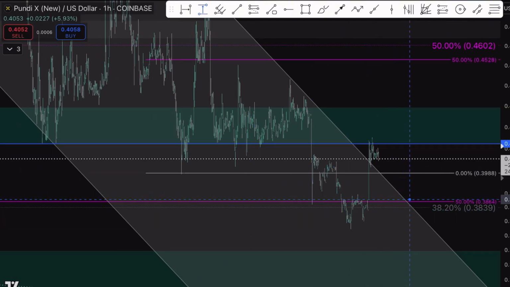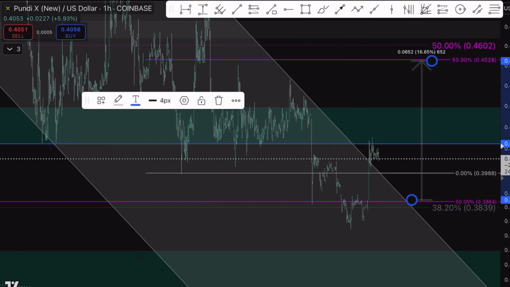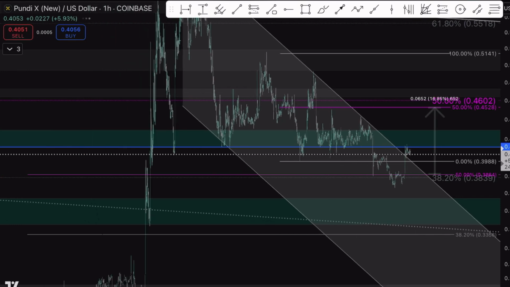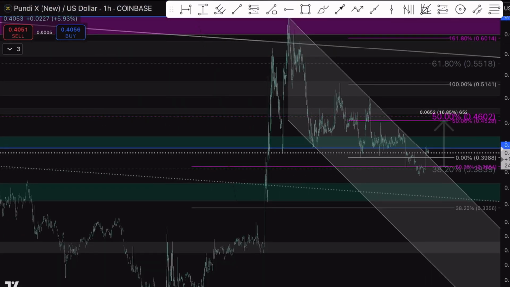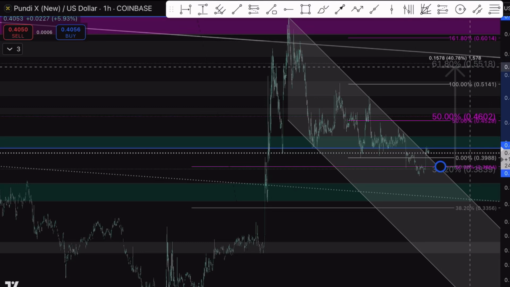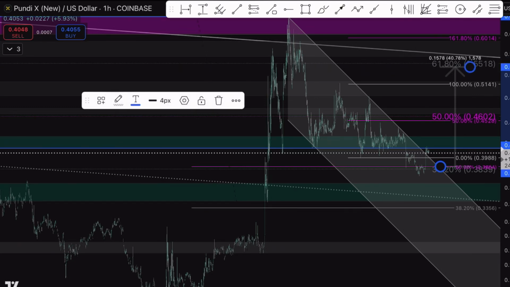Like right above the 50% level to this next. So 15 to 18%. 16 to 18%. So that's a good one. Decent one. It probably could even go further, right? It probably could even go up to here.